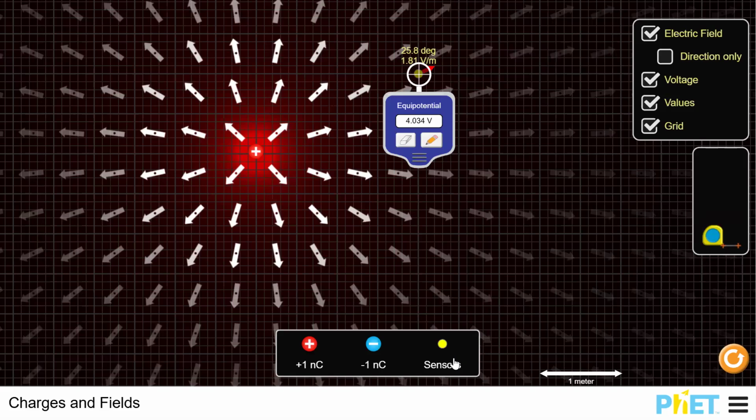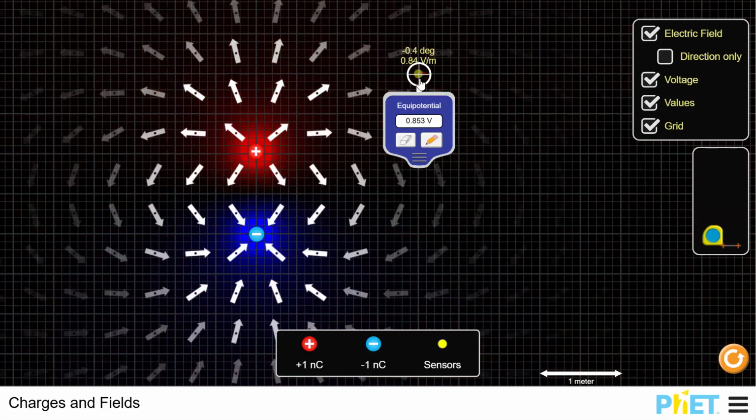Note it down. Now I will place the negative charge here. Now you can see that the value changes. Yes, the potential value changes because of the negative charge present.